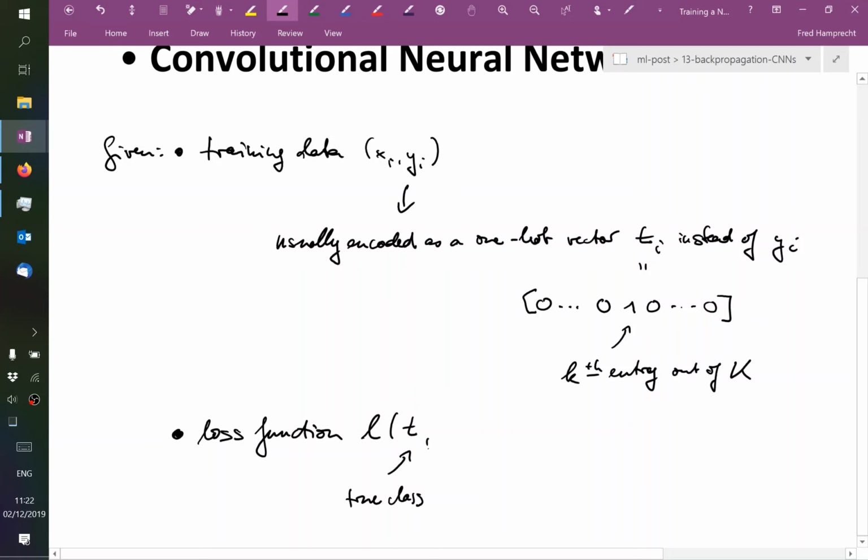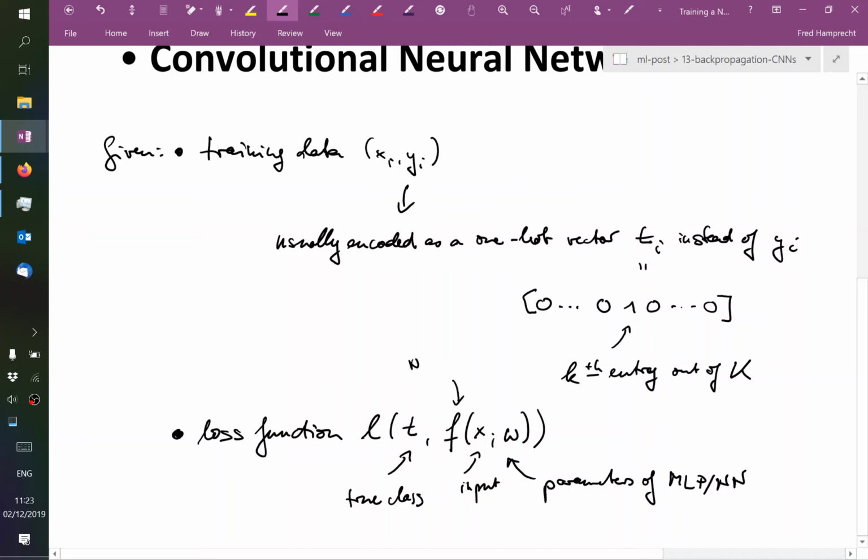And then we have the output of the neural network. I could call it f, or I could call it nn or something. Let's say this is a function f, which depends on the input and the many parameters, the parameters of the multilayer perceptron or of the neural network.